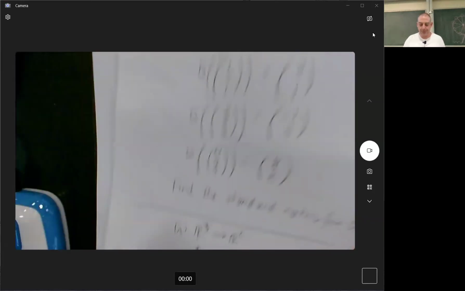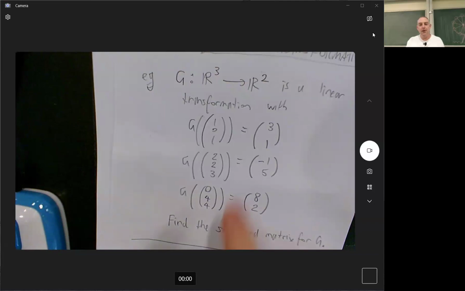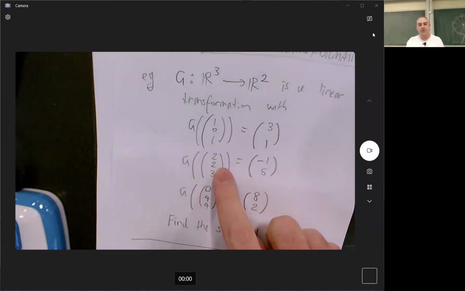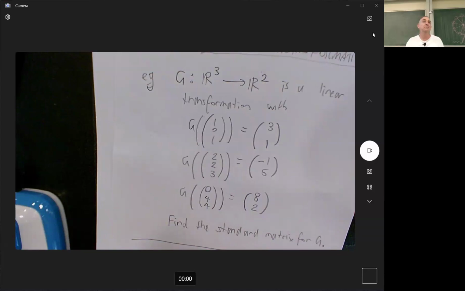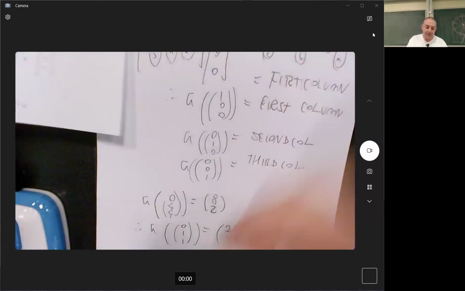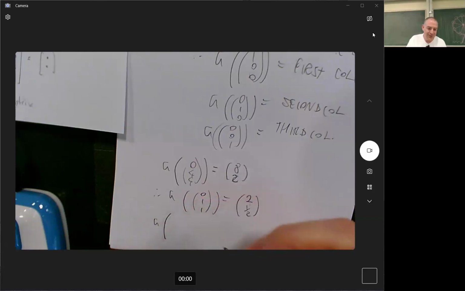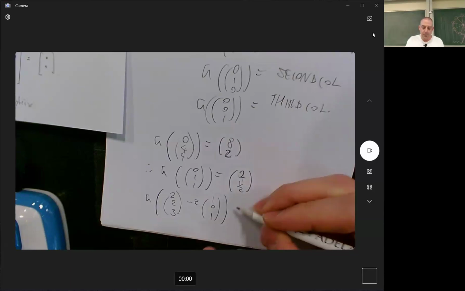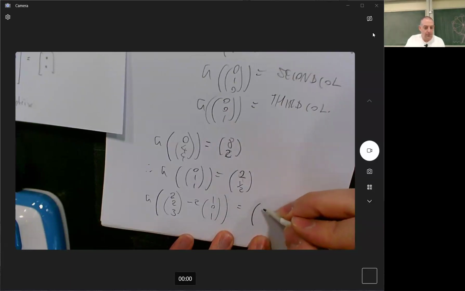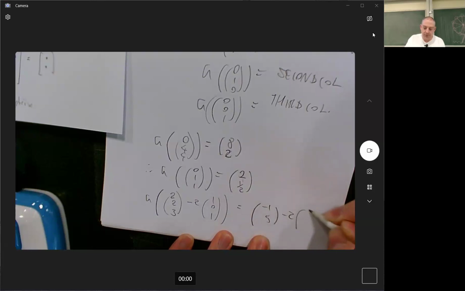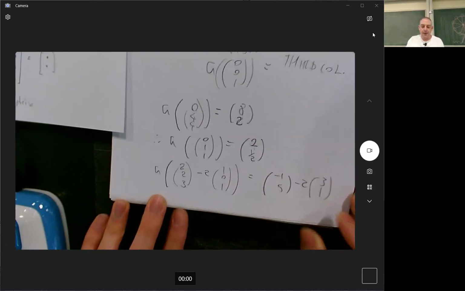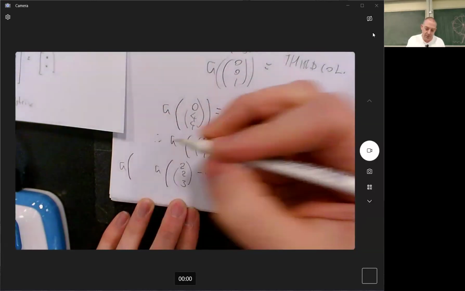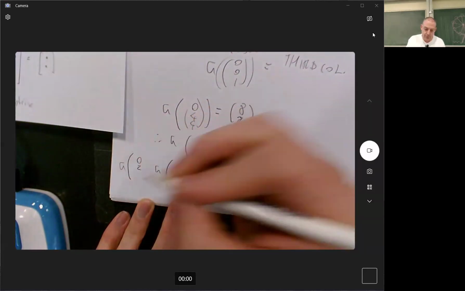Well, the middle one, if I took this off of that twice, I'd get 0, 2, 1. That'll work. So G of 2, 2, 3 minus 2 lots of 1, 0, 1 will be minus 1, 5 minus 2 lots of 3, 1. And that's the same as G of 0, 2, 1.